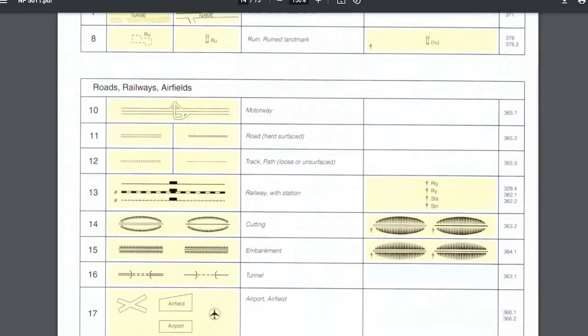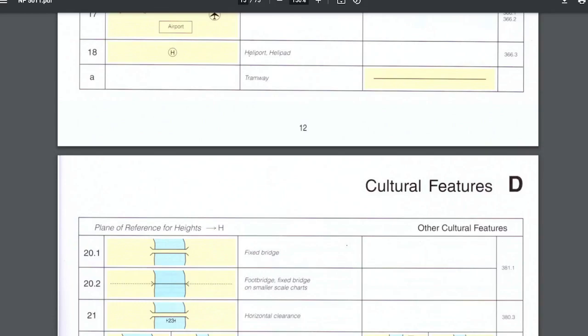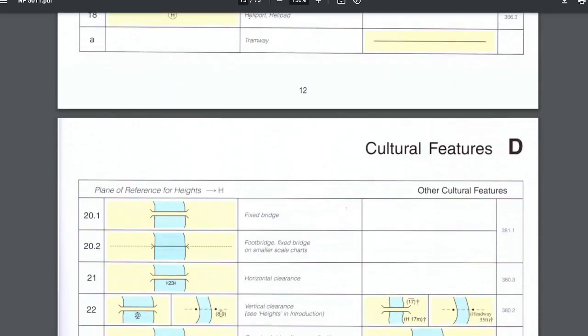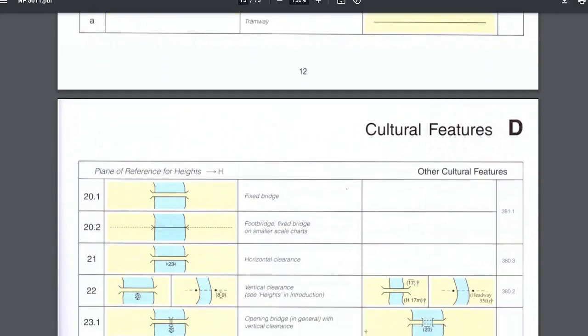Roads, railways, and airfields. You can make out which one is a tunnel, which one is an embankment, a road, a motorway, airport, helipad, fixed bridge, footbridge, with the horizontal clearance to compare with the ship's breadth and to know how much clearance there is and then take it into account for the banking effect or whatever.